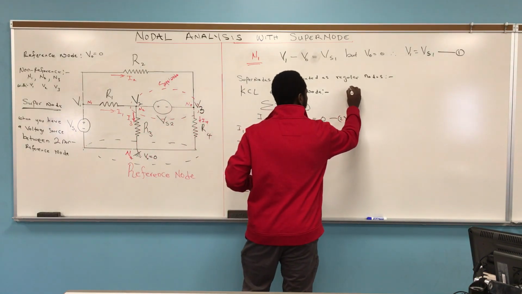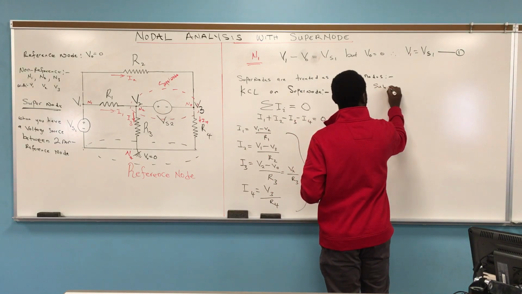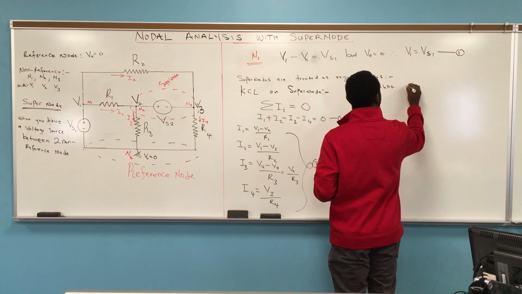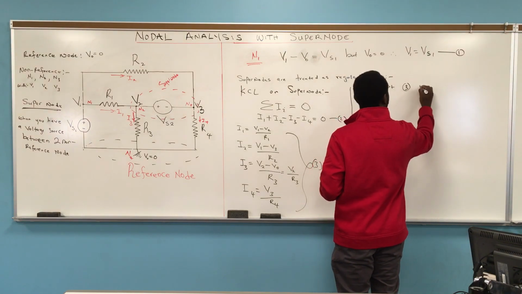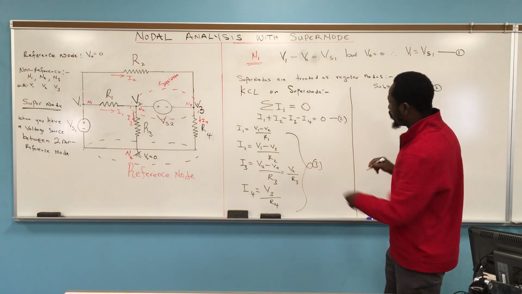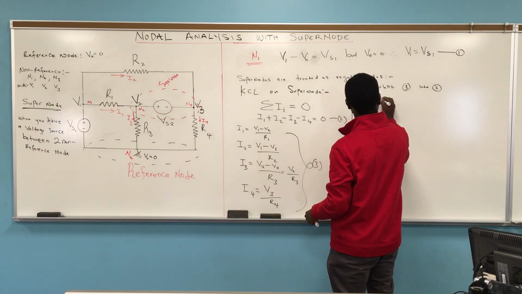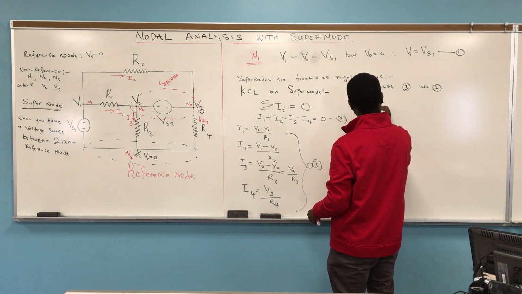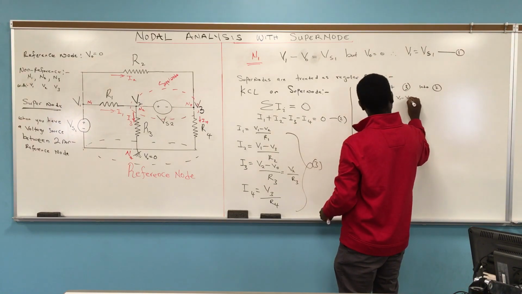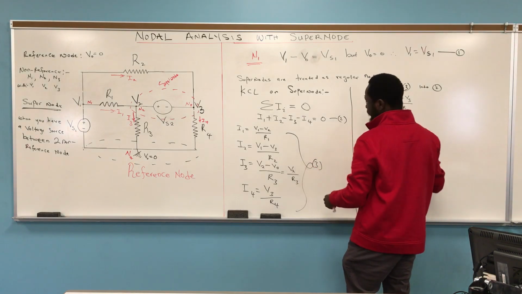So I'm just going to draw a line here. So we're going to substitute equation 3 into 2, right? In place of I1, we have V1 minus V2 divided by R1. I2 is V1 minus V3 over R2, right?